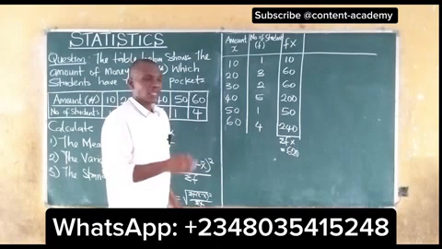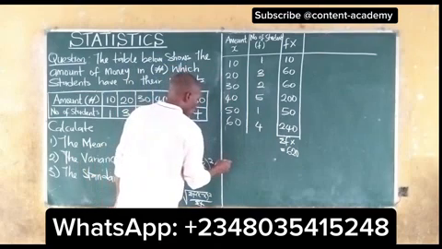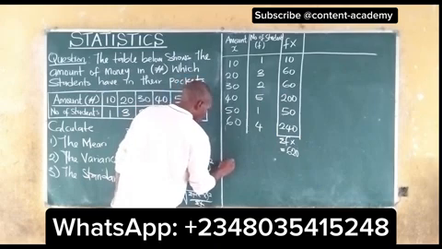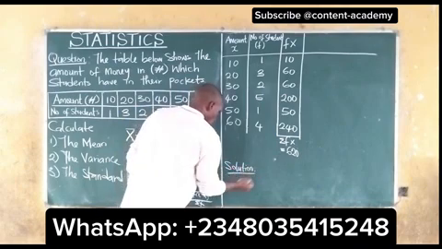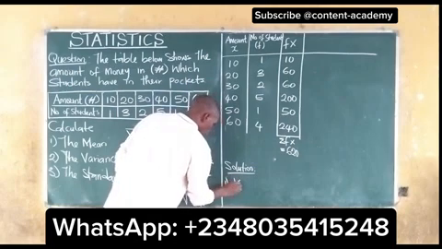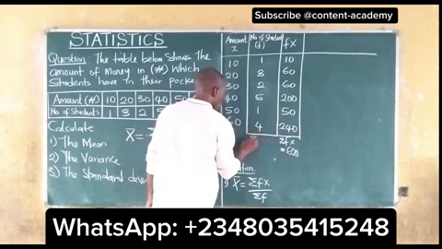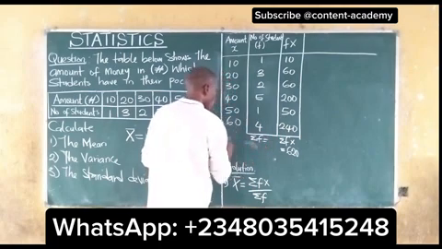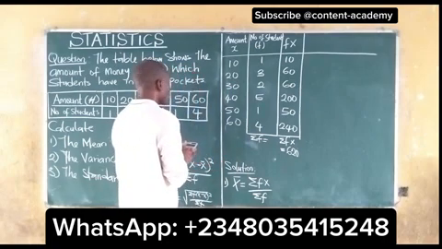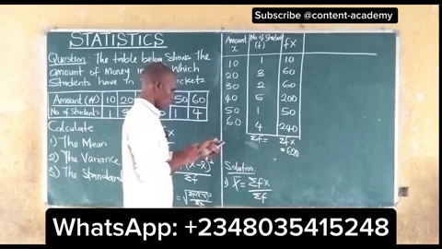Now, we'll have to write out our mean. What is our mean? Solution for number 1, we have our mean to be equal to summation of f of x all over summation of f. Now, what is our summation of f? Summation of f is equal to 1 plus 3 plus 2 plus 5 plus 1 plus 4.